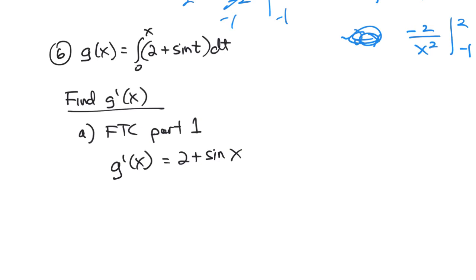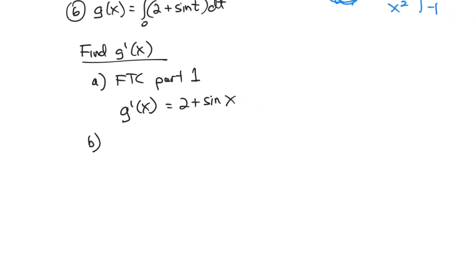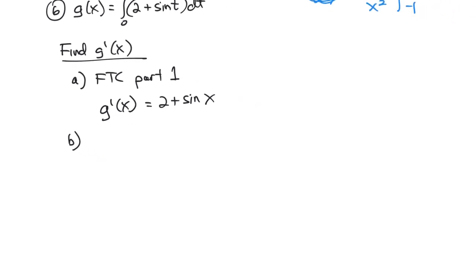This part is going to be more revealing and more satisfying to make sense of it. So let me shrink this a little. For this part, we'll go with Fundamental Theorem of Calculus Part 2, and then we'll differentiate.